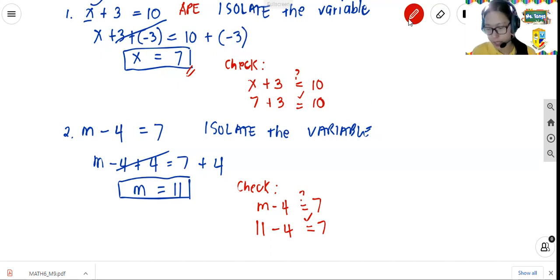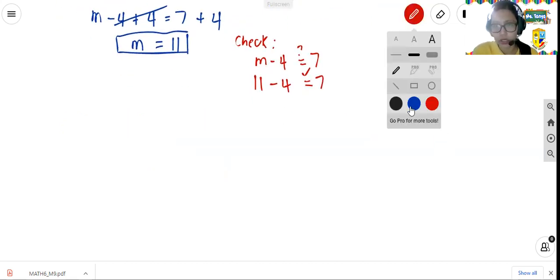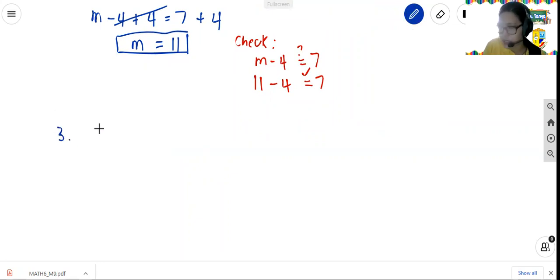So that's how you apply the addition property of equality in solving equations in one variable. Let's have more examples. Let's have 3x equals 12. In this case, I don't have an addition sign or a subtraction sign. The operation here is multiplication.